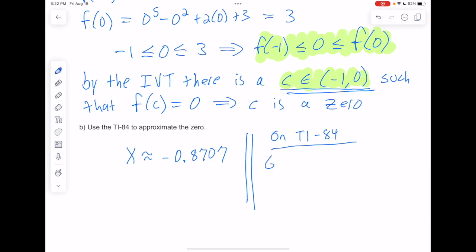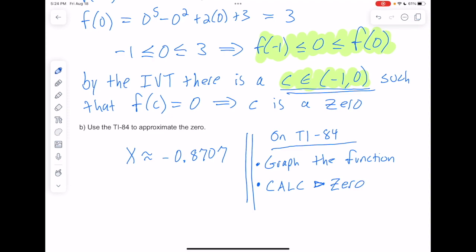So graph the function. And then look for, on the calculator screen, an option that says calc. And from there, look for the option that says 0.